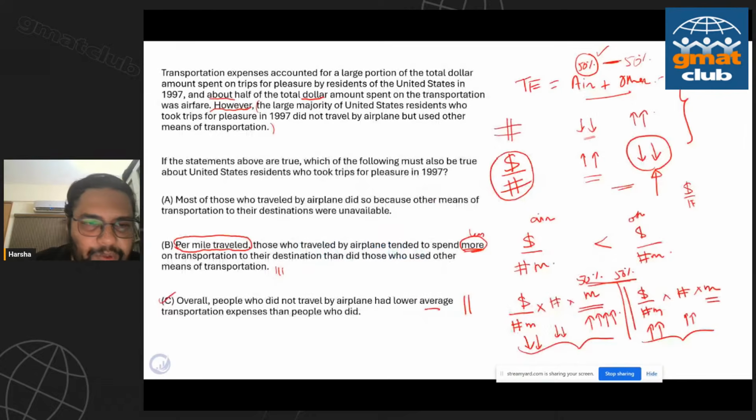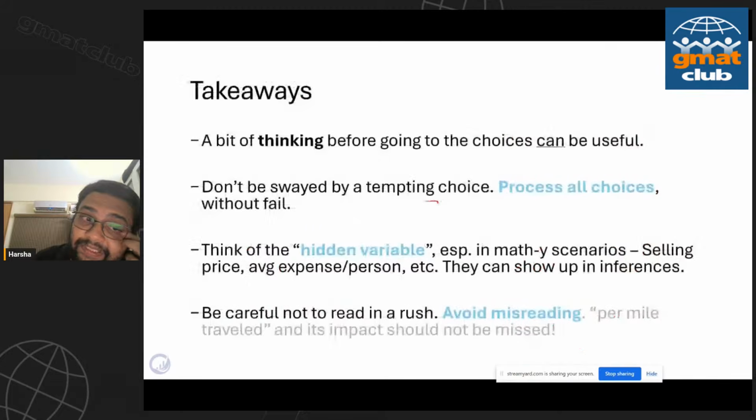Just because B looks very tempting, don't go for it. Process C all the same. Maybe if you had read choice C and really processed it, you would not be able to confidently reject it, and that would make you think, am I really sure about B? Sometimes we fall in love with a particular choice and just stick with it. Don't be swayed by a tempting choice. Process all the choices without fail.